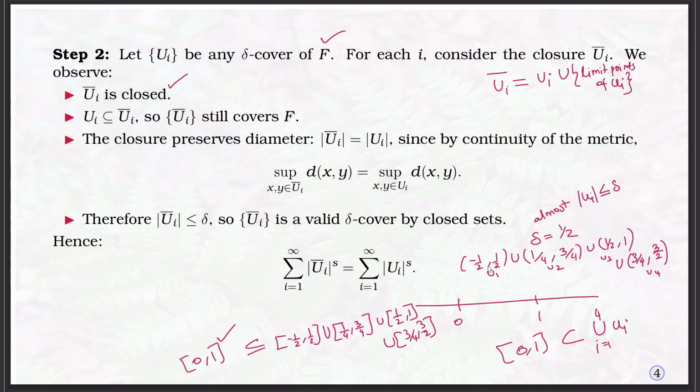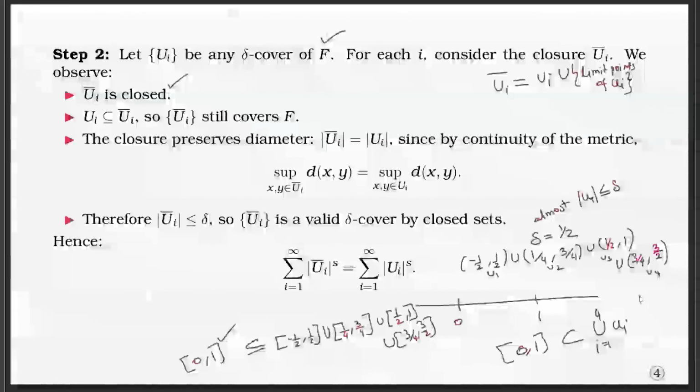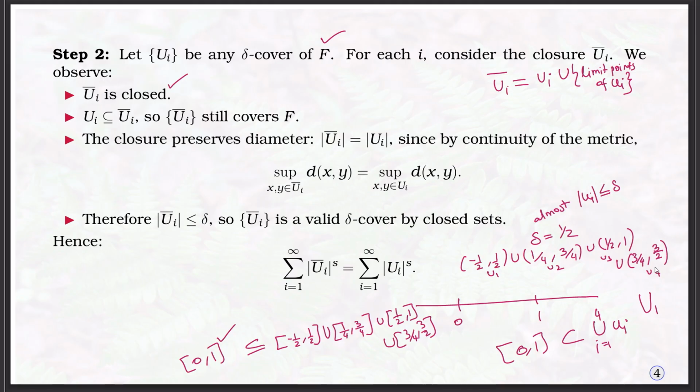And one can observe, in this collection, we may call this one collection capital U1. In this collection, if each set has diameter at most delta, then this, [3/4, 1], is not at most delta, maybe [3/4, 3/2]. We can take 1 plus 1/4, so we can take 5/4.